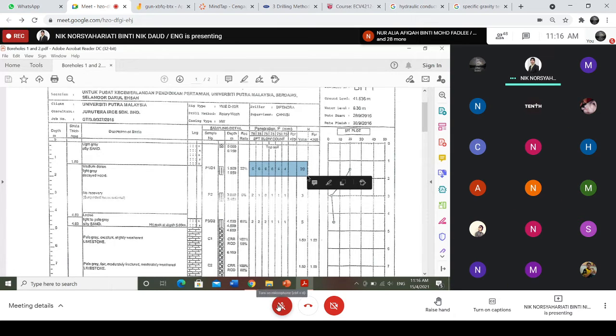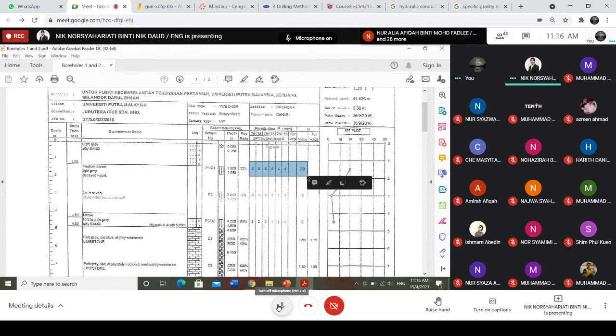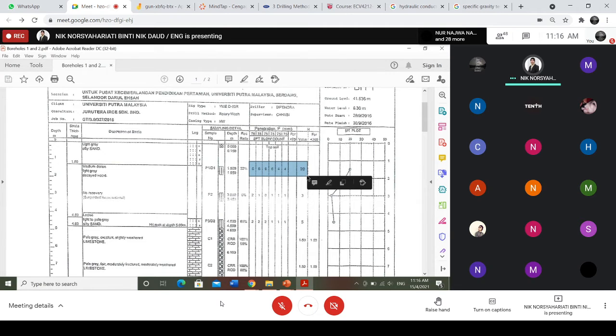Forgot? Yes, Doctor, we forgot. You forgot, right. So if you go through your friend's explanation just now, using the SPT standard penetration test, you use a split spoon sampler inside for the sampling purposes. But this is about the SPT testing.